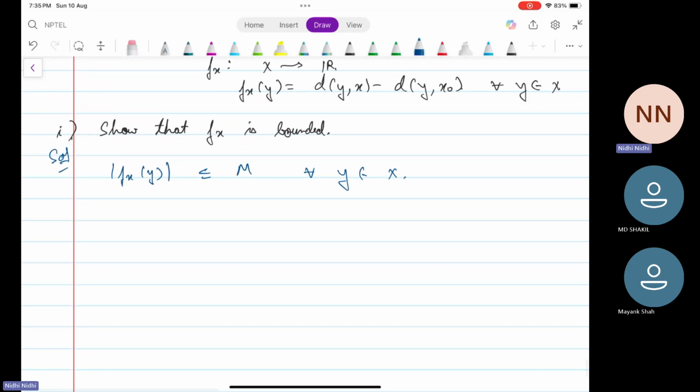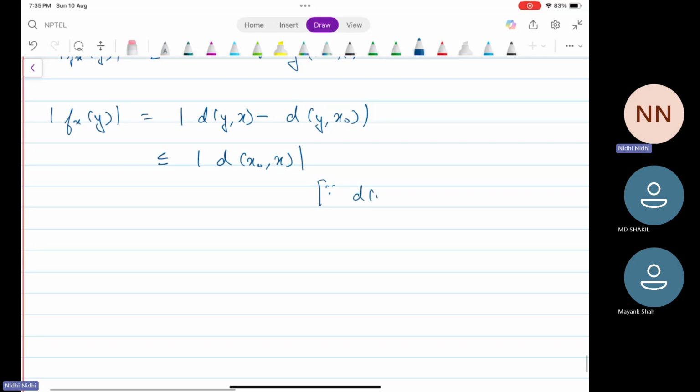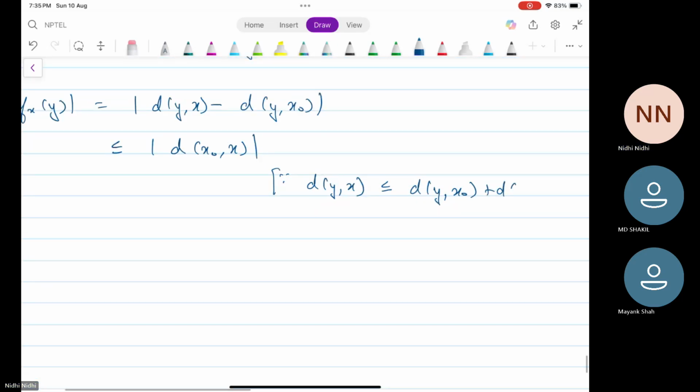All we need is the triangle inequality of the metric. By definition, we have f_x(y) equal to d(y, x) minus d(y, x naught). I'm saying that this is less than or equal to d(x naught, x). Why? Because by the triangle inequality, d(y, x) is less than or equal to d(y, x naught) plus d(x naught, x).